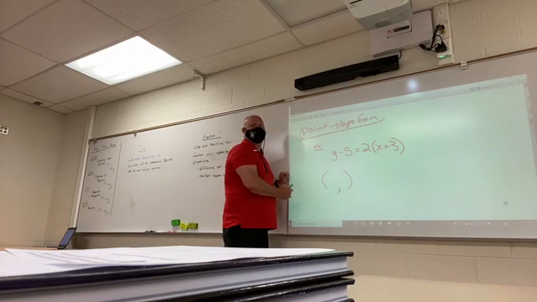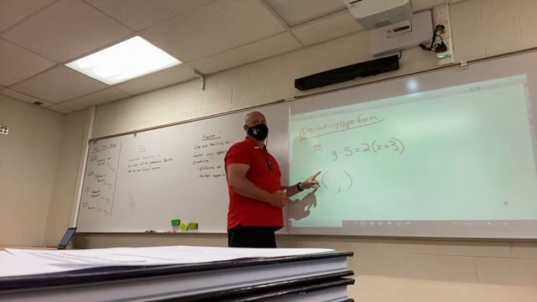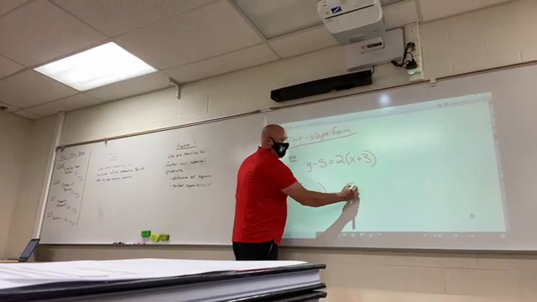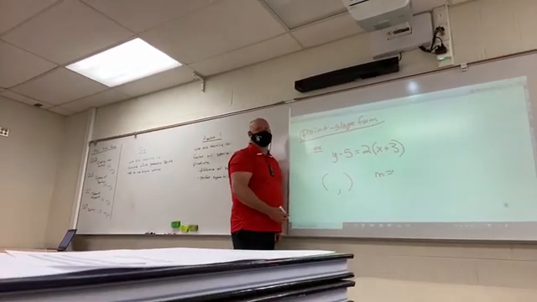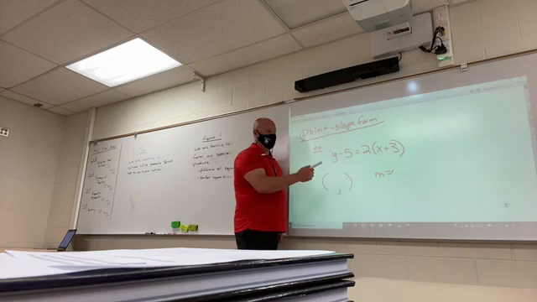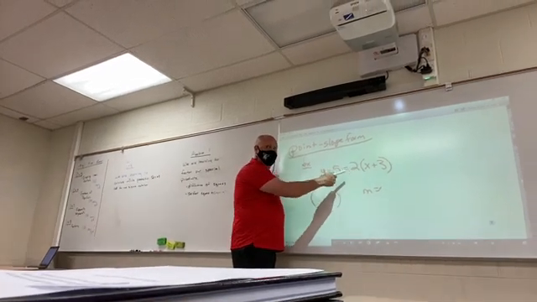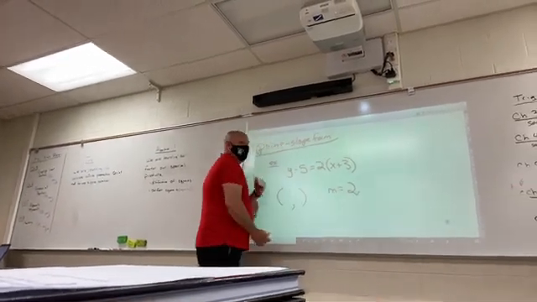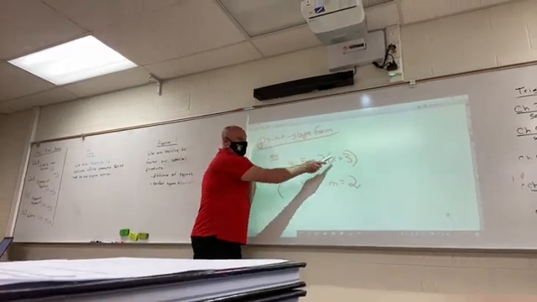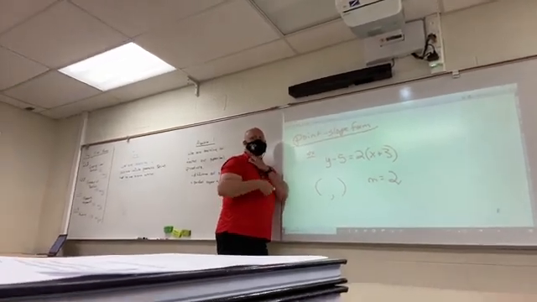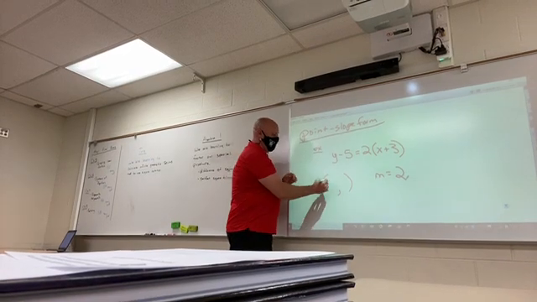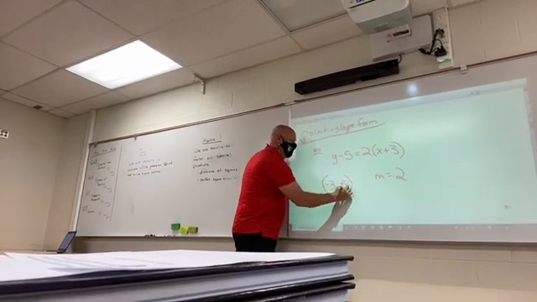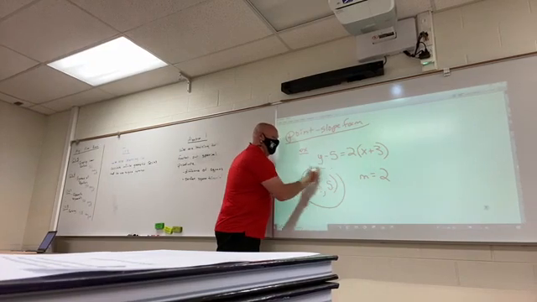And then what's the slope of this one? Where do we find the slope in that equation? It's 2. And the point comes from the 3 and the 5, but remember the points are always opposite. So it would actually be negative 3 and positive 5.